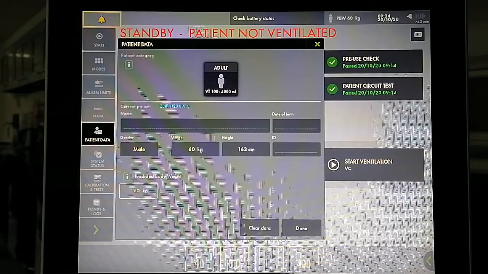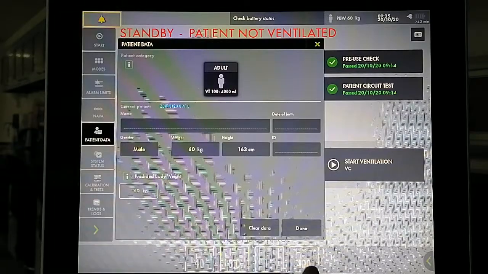That is, as we know, the lung protective strategy during ventilation of patients with ARDS, or in some lung conditions where you need to protect the lungs from further injury.